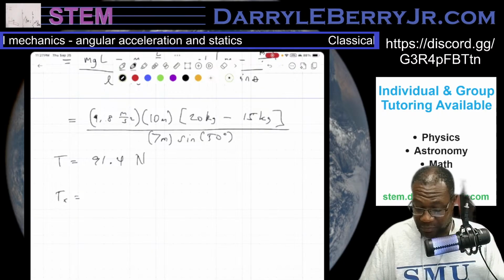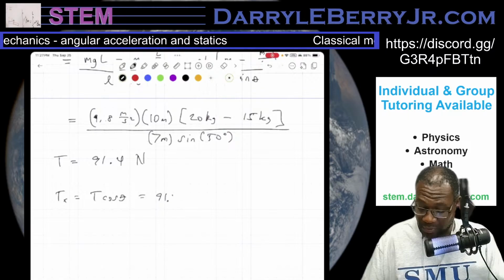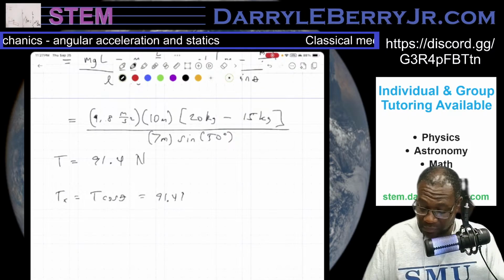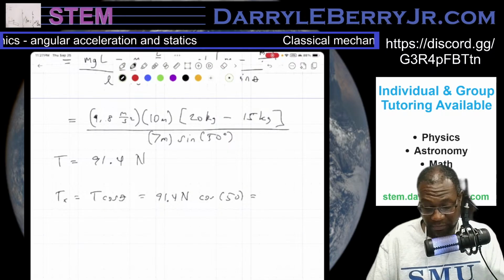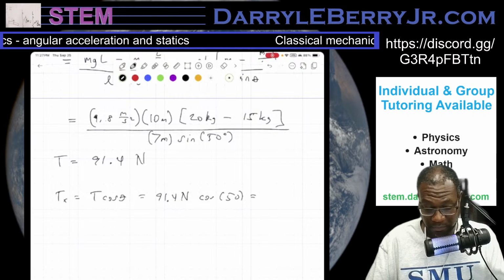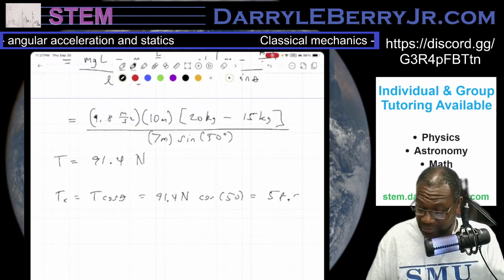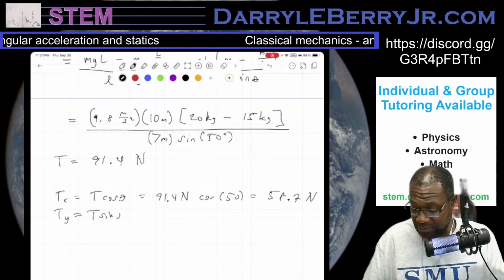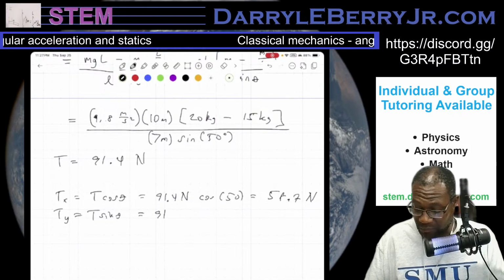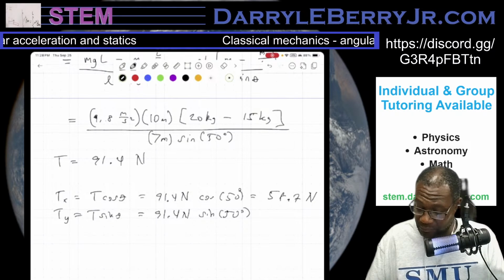T_x equals T cosine theta, which is 91.4 newtons cosine 50 degrees, which equals 58.7 newtons. And T_y is going to be T sine theta, which is 91.4 newtons sine 50 degrees.